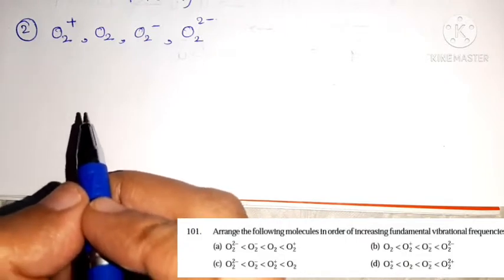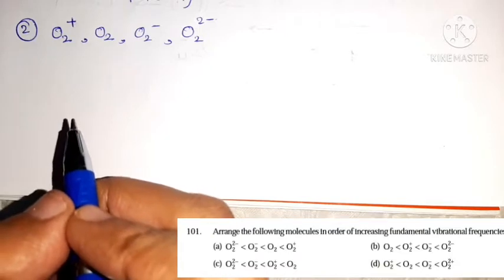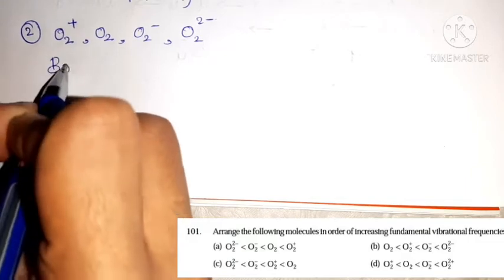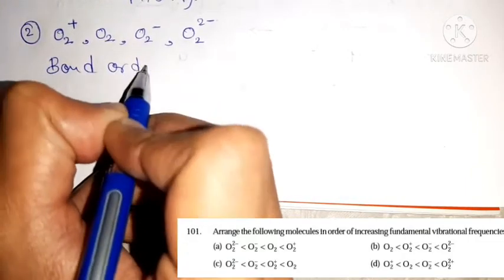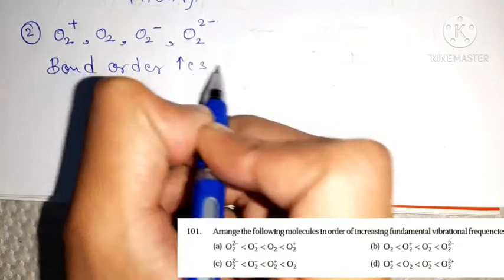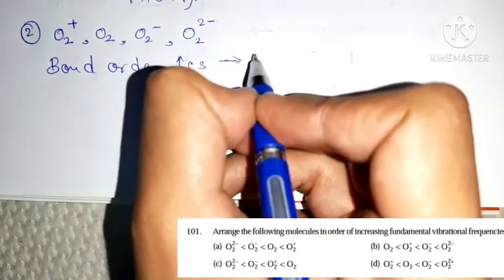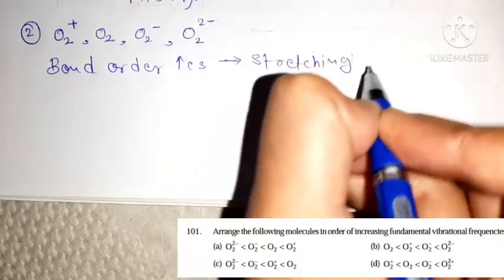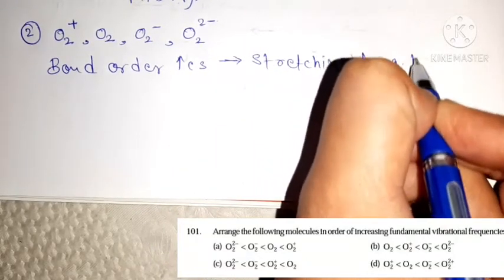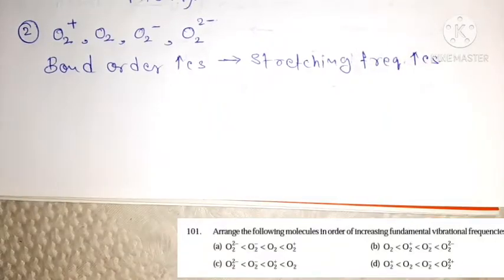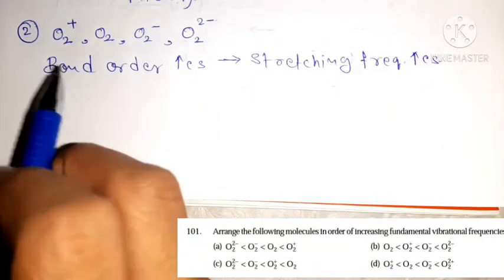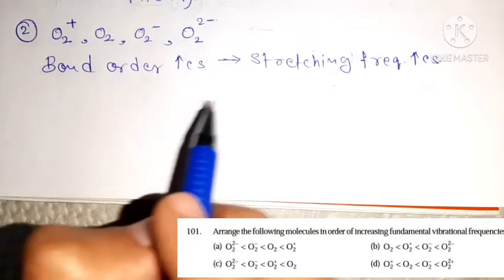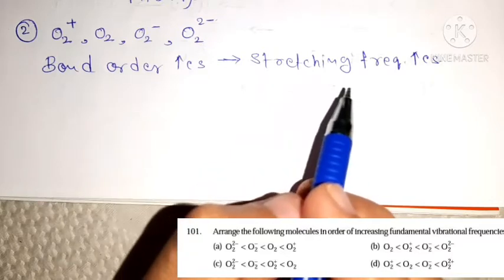That means when the bond order increases, the stretching frequency of that molecule also increases. So first of all you must find the bond order of all these four species, and when you find the bond order, you also find the order of their stretching frequencies.